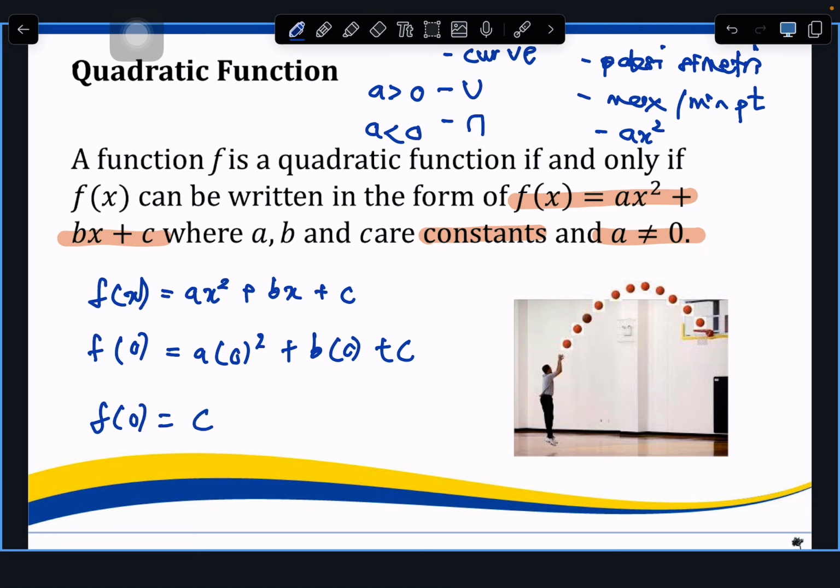So this one, do we have x power 2? No, obviously not quadratic now. Do we have x there? No, so obviously not linear. What is the name of these functions? We didn't cover this one.